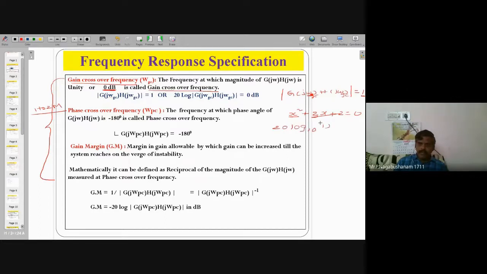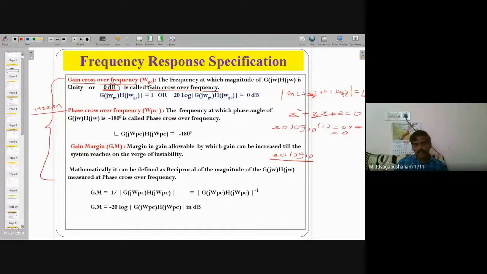Log 1 value is 0, and 0 into 20 is 0. Whenever there is a term called dB, we take 20 log. Whenever you apply 20 log to the resultant, the resultant value will be in dB. I will not repeat again.